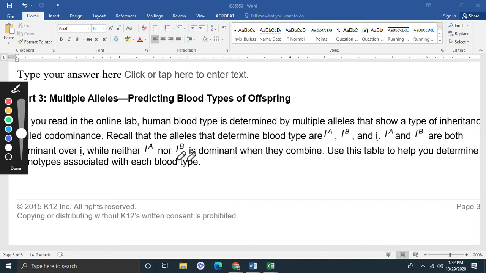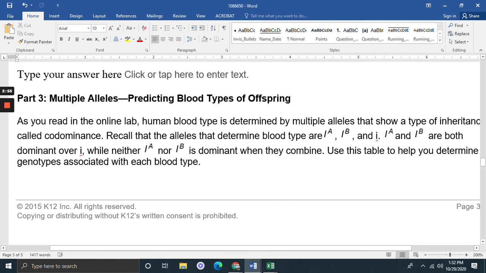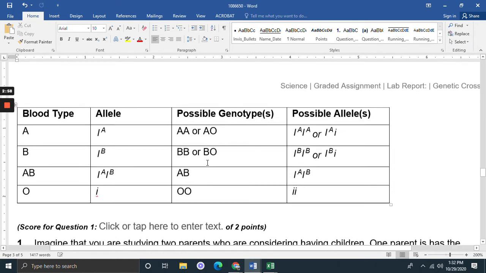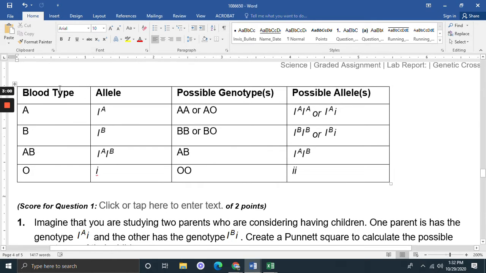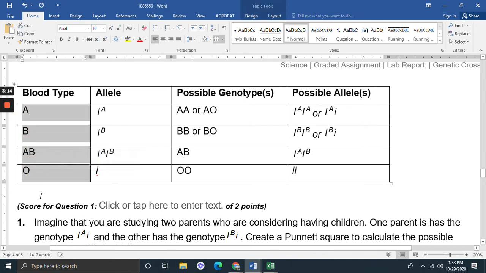And so it really depends on the combination. As you scroll down to this table, that's kind of what they're telling you. So we've got blood type, and this may be a little confusing because all we're seeing is I's and B's and O's and i's, and like, where did all of these things come from, right? But really what this blood type is talking about is just the phenotype.